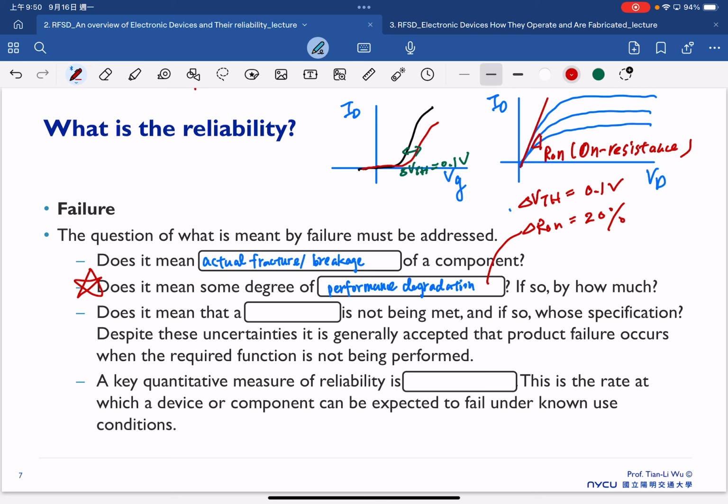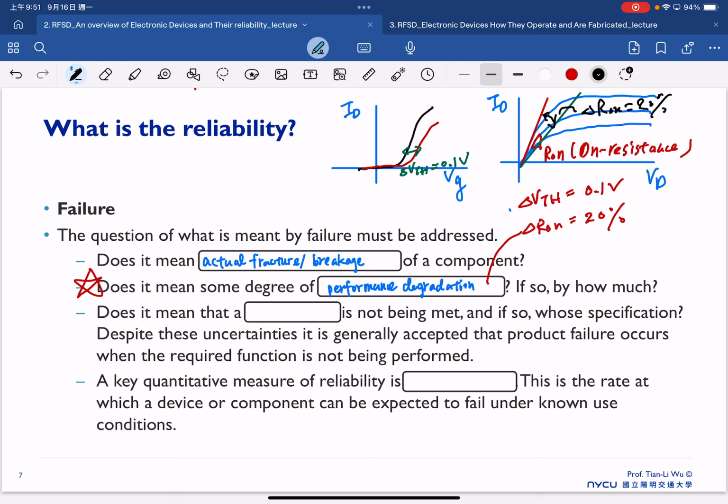Once we have on-resistance degradation of more than 20%, we can also define that our device has reached failure. So if we do a certain test and in the end we find this shift, this is delta R. Once delta R reaches 20%, we can also consider this a failure here.